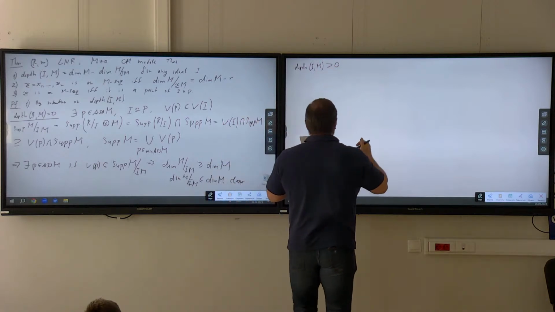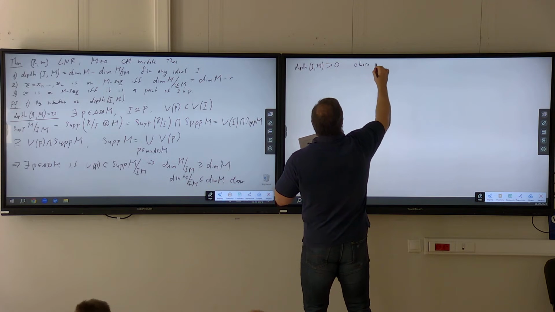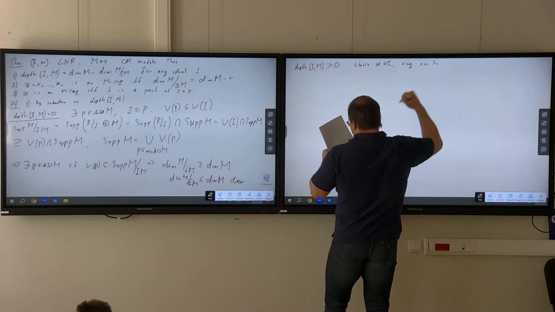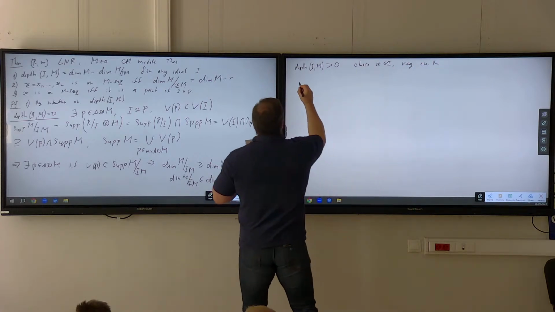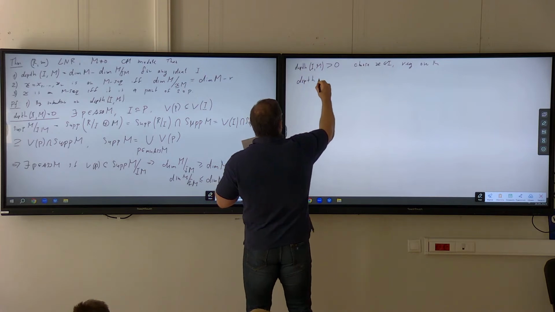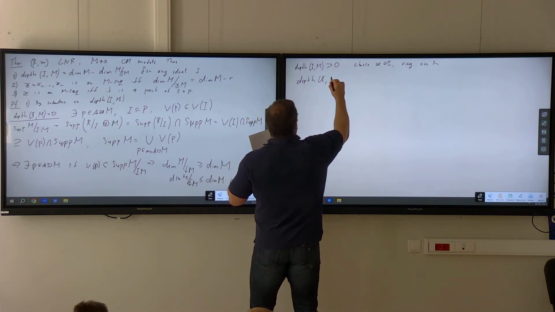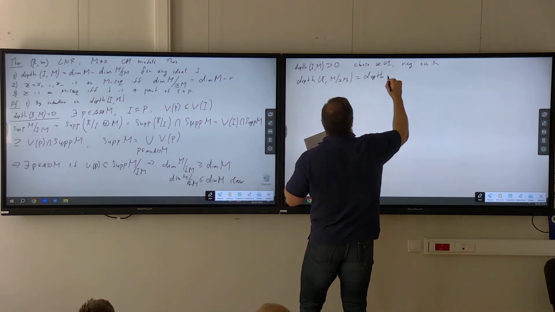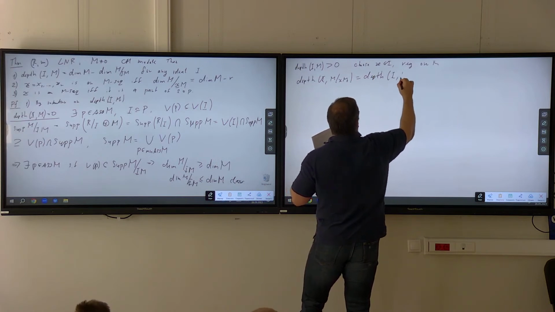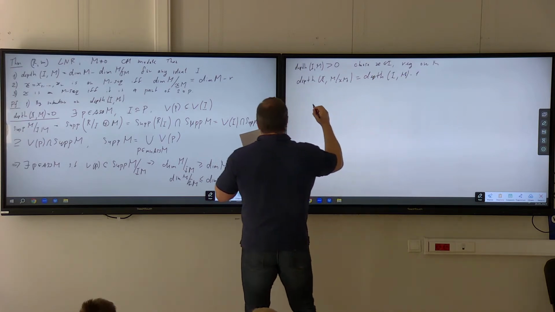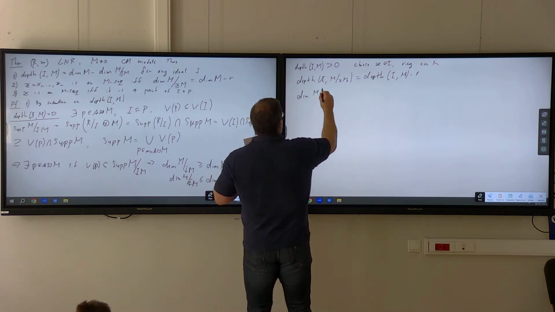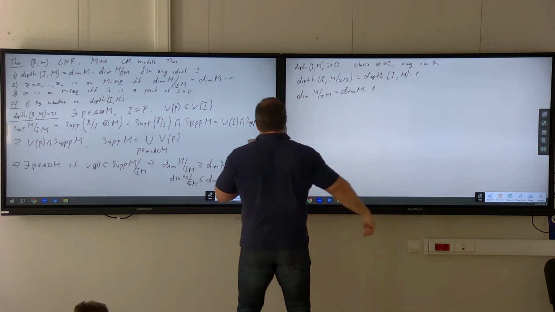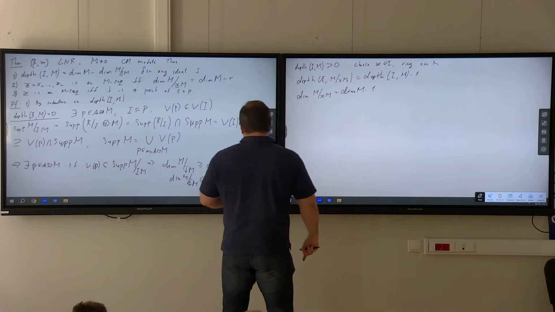So if the depth is positive, we choose x in the ideal I which is regular on M. And then we just observe that the depth of I on M modulo xM is, more or less clearly from the definition, depth of I on M minus 1, and the dimension of M modulo xM is equal to the dimension of M minus 1, something that you're supposed to know from the dimension theory.